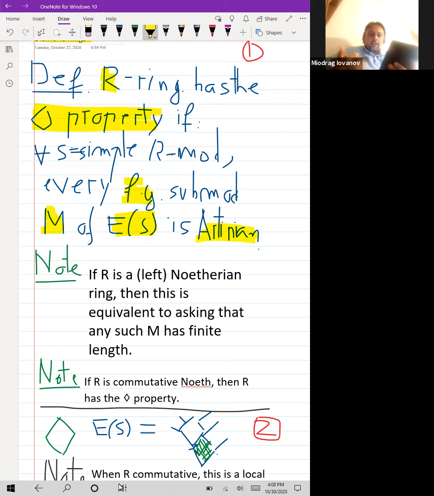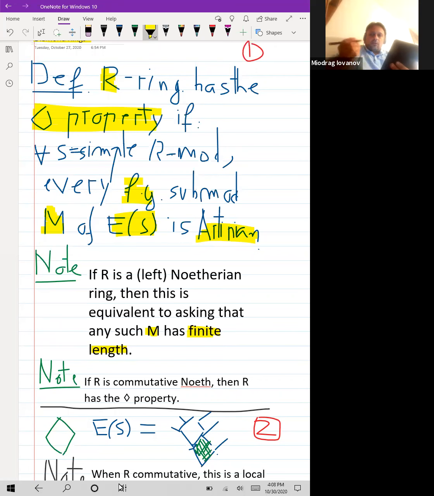it is of finite length. So if you think about it, it means that the injective hull is what we call locally finite. If I'm saying every finitely generated M has finite length, it means that the injective hull is in fact a directed union of modules of finite length.